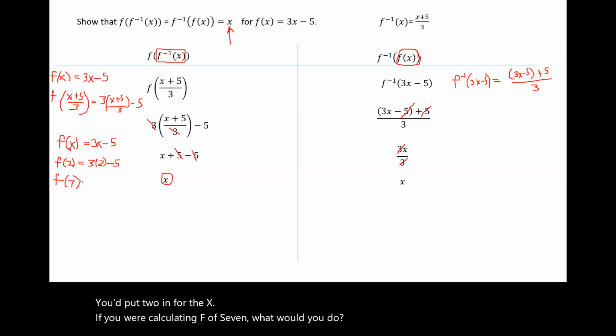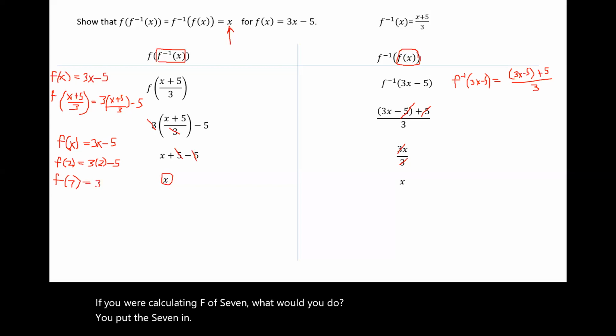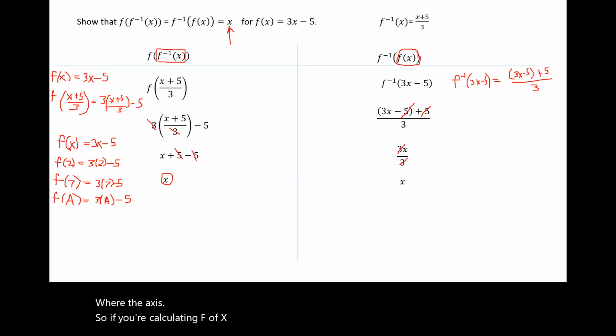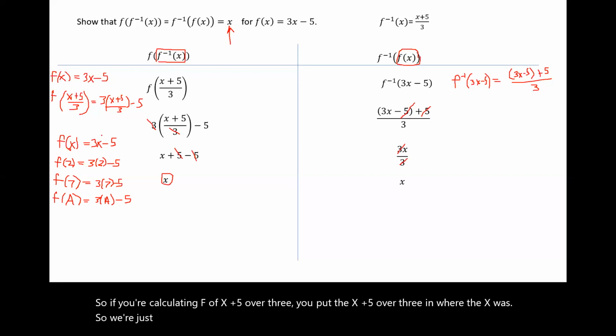You'd put the 7 in for the x. If you were calculating f of anything, what would you do? You'd put the anything in for where the x is. So if you're calculating f of x plus 5 over 3, you put the x plus 5 over 3 in where the x was. So we're just evaluating the function at a particular point.